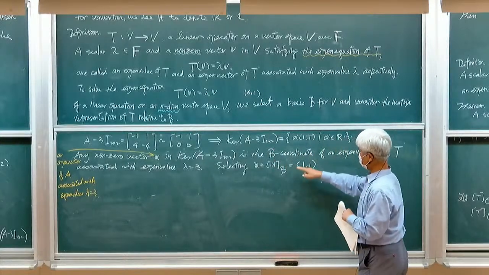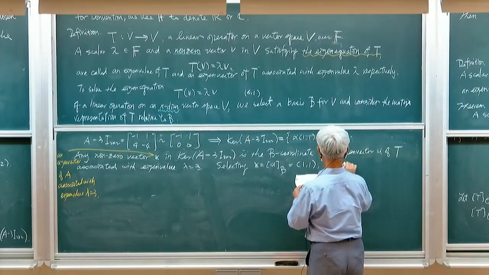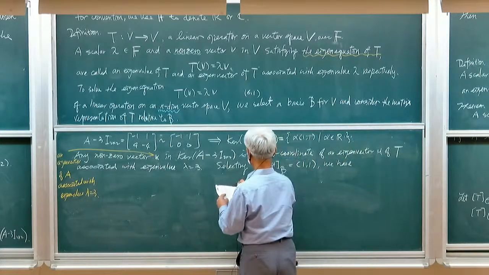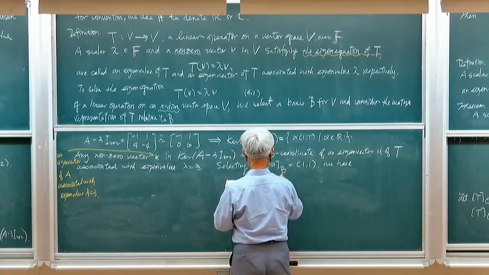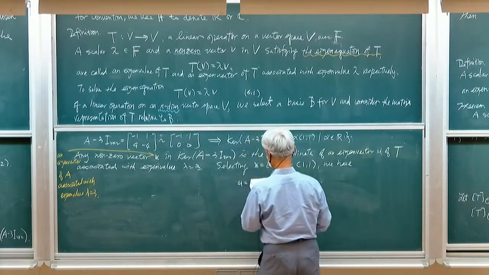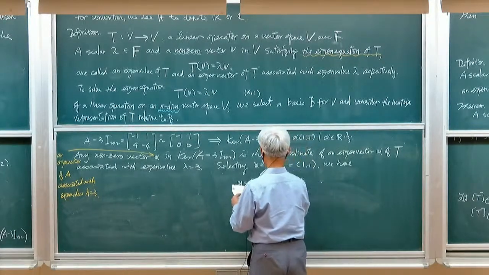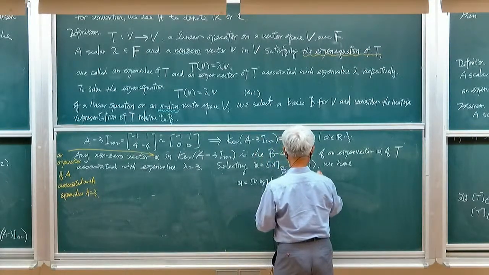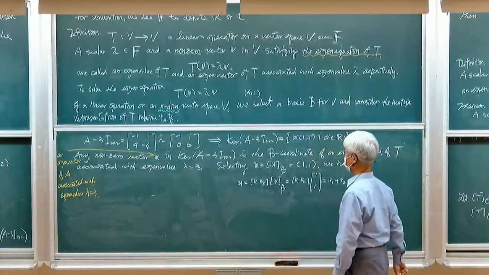So if I select x to be 1, 1, then the eigenvector U will be V1 plus V2.